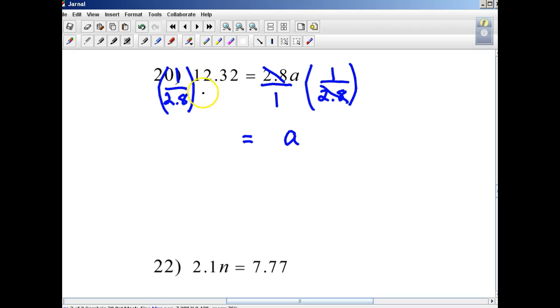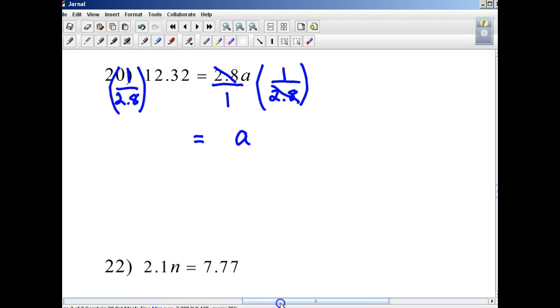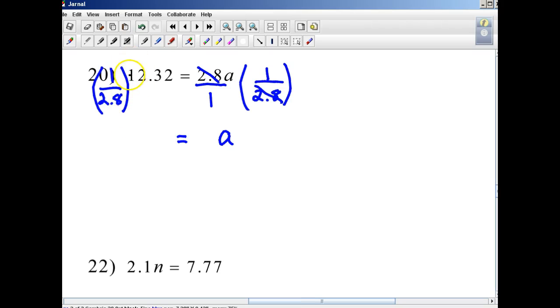But now you have to do the long division. I'll show you one time, but a calculator is fine. If you had a calculator, you just type in 12.32 divided by 2.8 and put the answer. That's fine. But let's say you didn't have a calculator. Let's do a little review on how to do that. You do 2.8 on the outside.